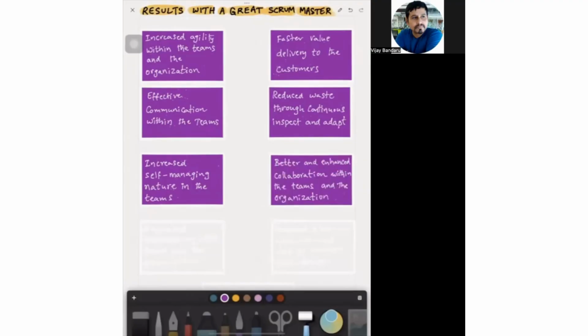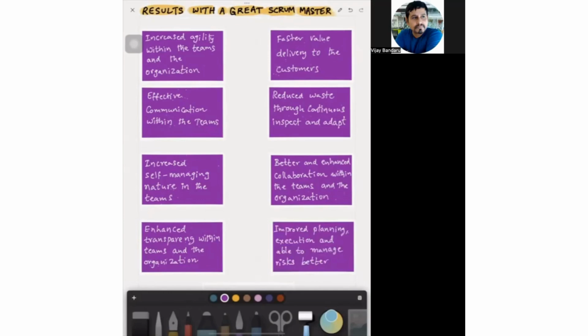Better and enhanced collaboration within the teams and the organization, and enhanced transparency within the teams and organization at all levels. Transparency means creating shared understanding, and improved planning, execution, and able to manage risks better at the team level. Inter-team dependency or any other risks at the org level can be effectively managed.